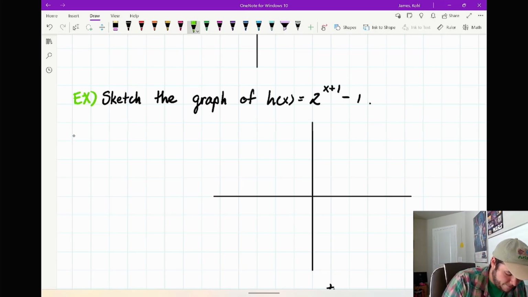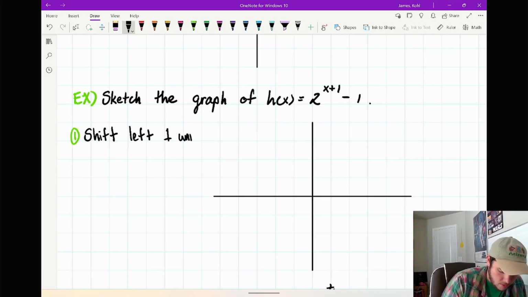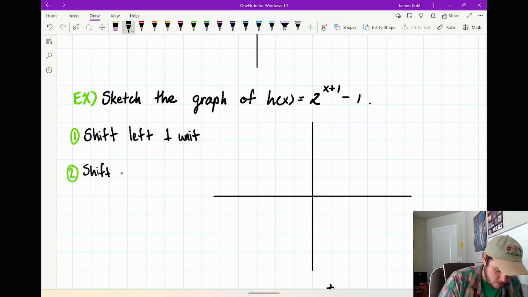I need a shift. First, I need to shift left 1 unit. And then I have a vertical translation also. I need to shift down 1 unit.